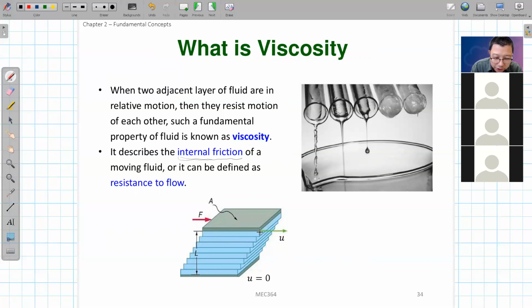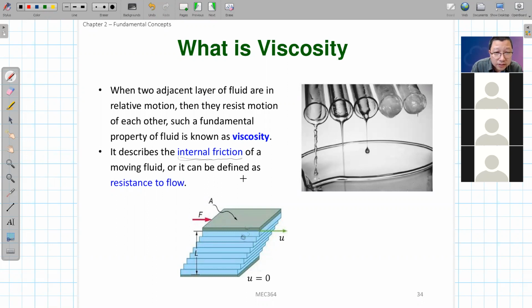The top layer will try to move with the same velocity as the top surface, and because of internal friction, it also tries to drag the next layer, so this layer also has a velocity going right. So the internal friction force here is some internal friction there, not the same tau as on the top.